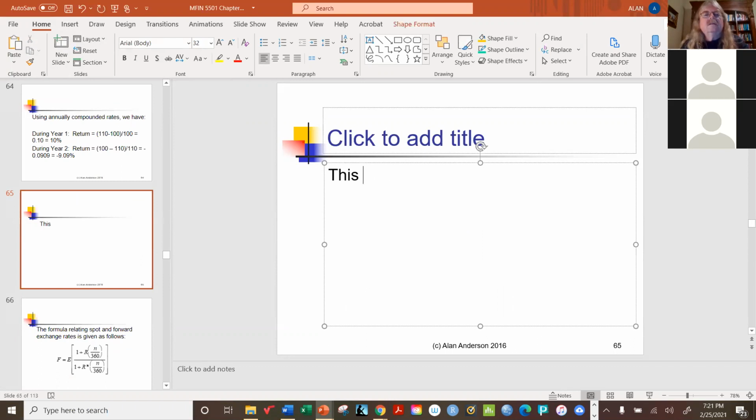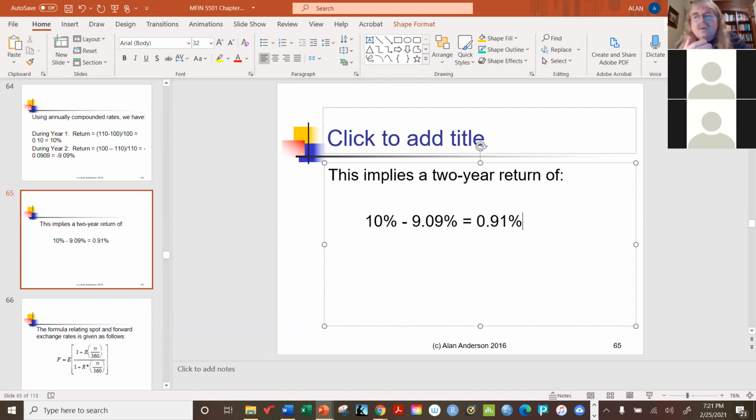This implies a 2-year return of 10% the first year minus 9.09% in the second year, which is a gain of 0.91%, which we know is nonsense because we got right back to where we started from, which is a 0% return.